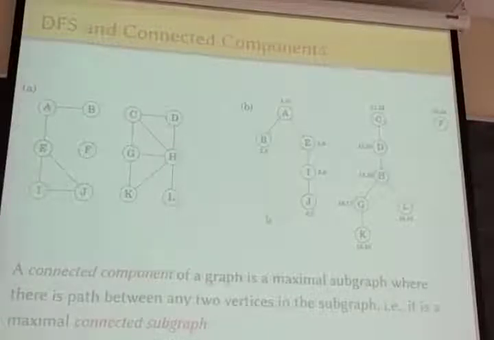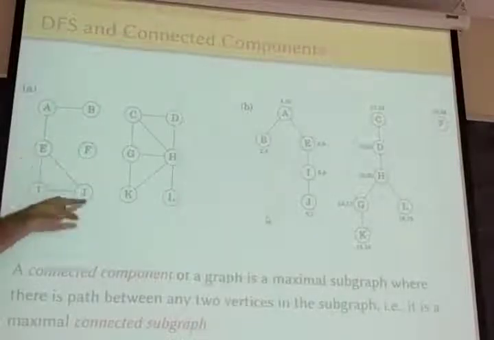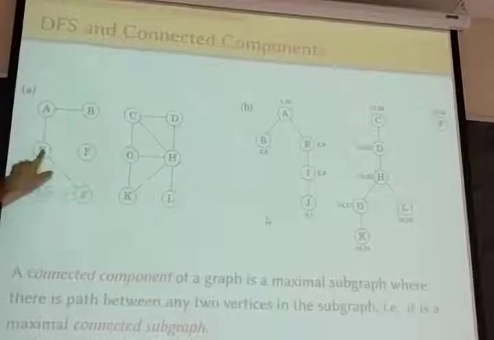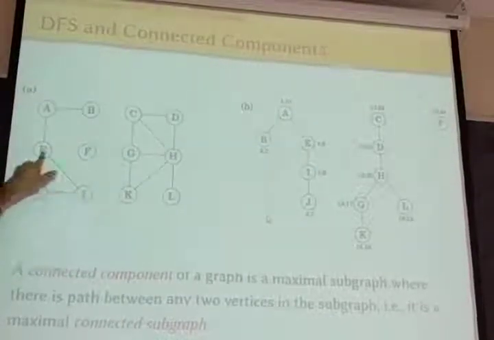We can use DFS to find connected components of a graph, right? So connected components means, so far we have been considering undirected graphs, right? So the edges are not directed. So if you draw an undirected edge, that means you can go from E to J or J to E, right?